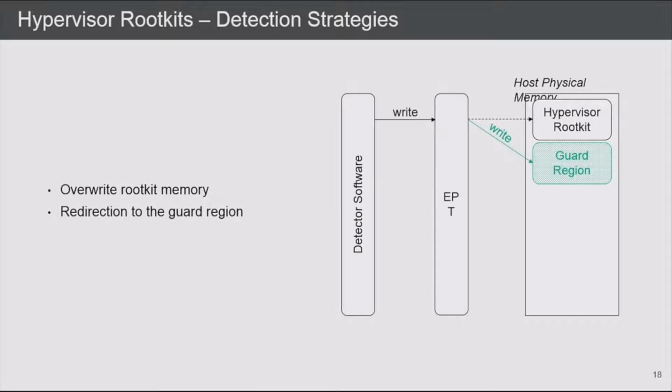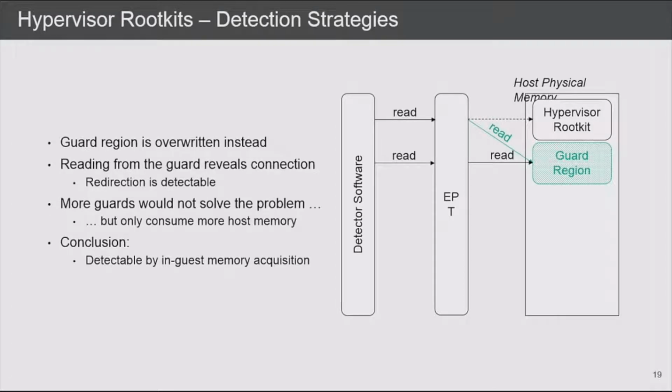And therefore, we could detect a hypervisor rootkit by simply trying to overwrite the rootkit's memory, which will be redirected to the guard region, and try to read back the contents directly from the guard, which will lead to some connection between those two areas. So the detector could detect the redirection mechanism.